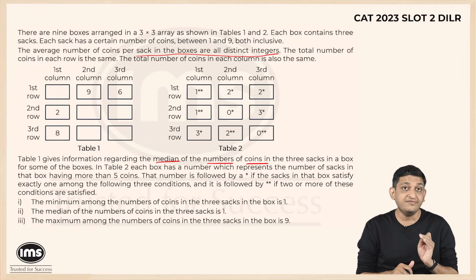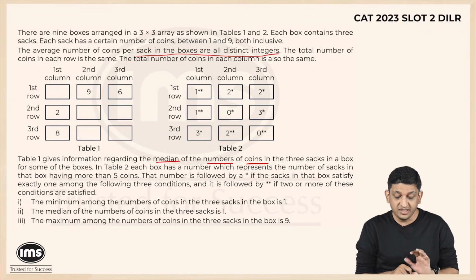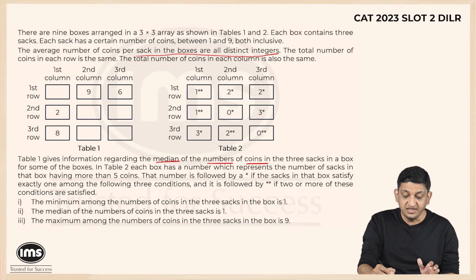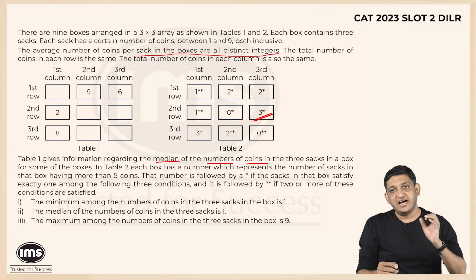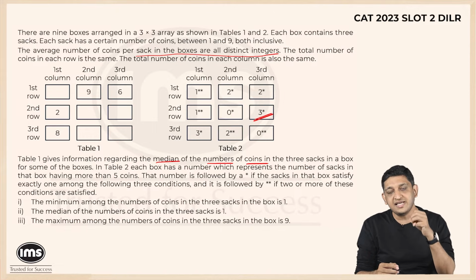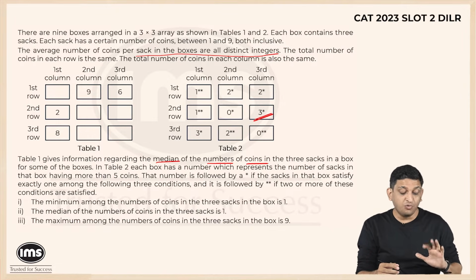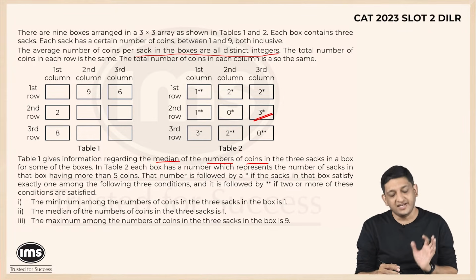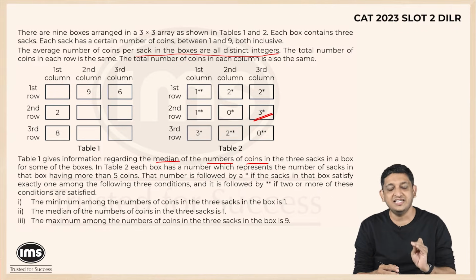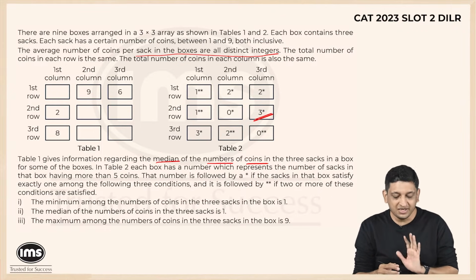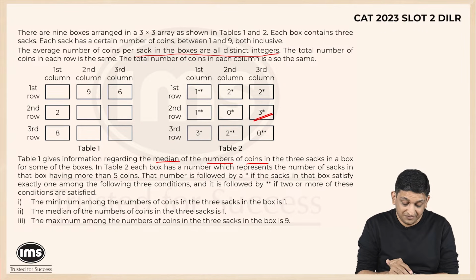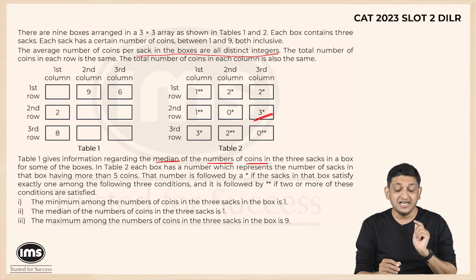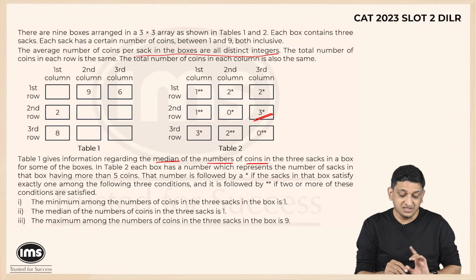Now in this particular case, table 2, each box has a number which represents the number of sacks in that box having more than 5 coins, which means if I'm talking about second row, third column, then I am saying that all 3 sacks have more than 5 coins in them. And again, that is something that will give us a very nice insight when we start with the set, but more on that later. That number is followed by an asterisk, a star, if the sacks in that box satisfy exactly one among the following 3 conditions.